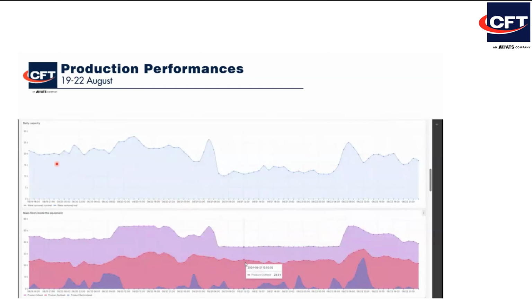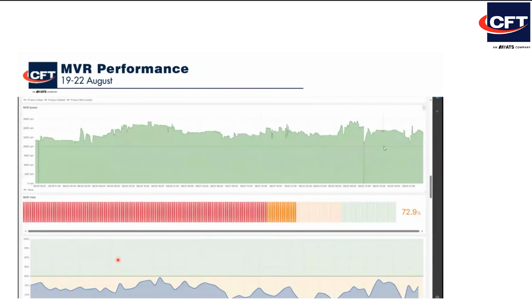Again, another view showing the daily capacity in water removal and the various flow as mass flow in, product outlet, and product recirculated. If we look at the compressor, we can see how the compressor speed was changing over time, trying to chase the correct bricks at the outlet.